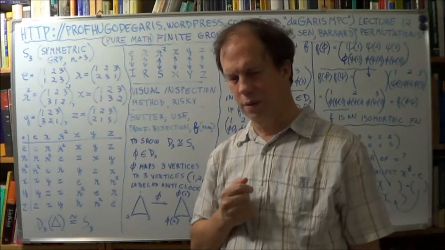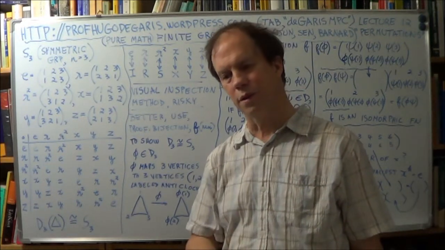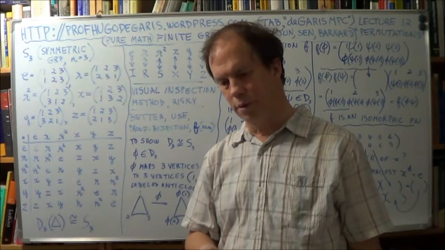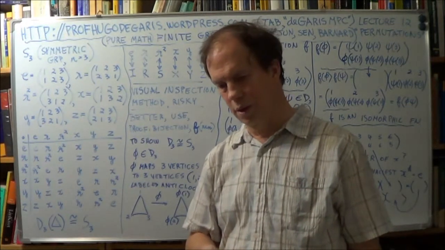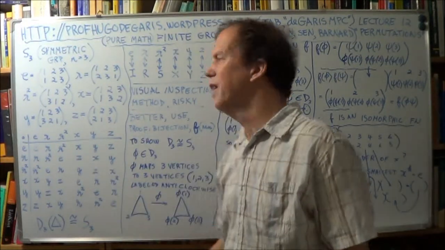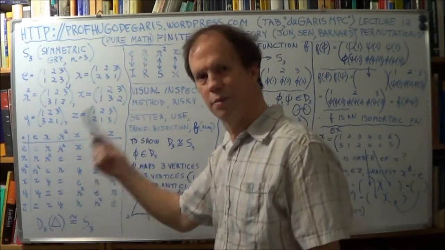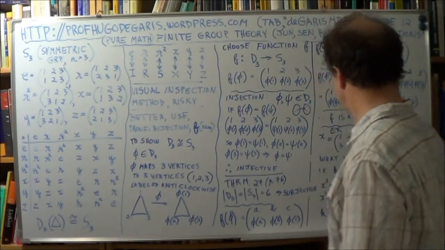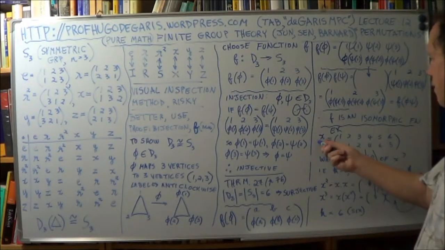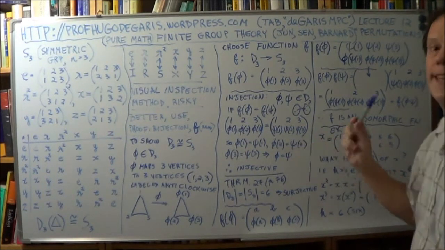Is that 720 or 120? 6 by 5 is 30, by 4, 3. I think it's 720, isn't it? Anyway, it's large. So the group table is 720 squared. It's huge.